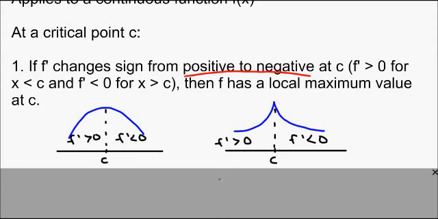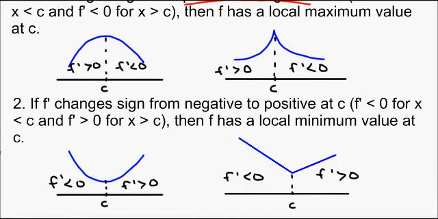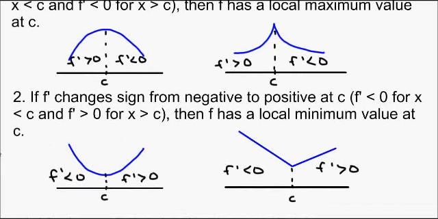Second up, at point c, if f prime changes sign from negative to positive at c, so f prime was negative to the left and now f prime is positive to the right, then f has a local min at c.